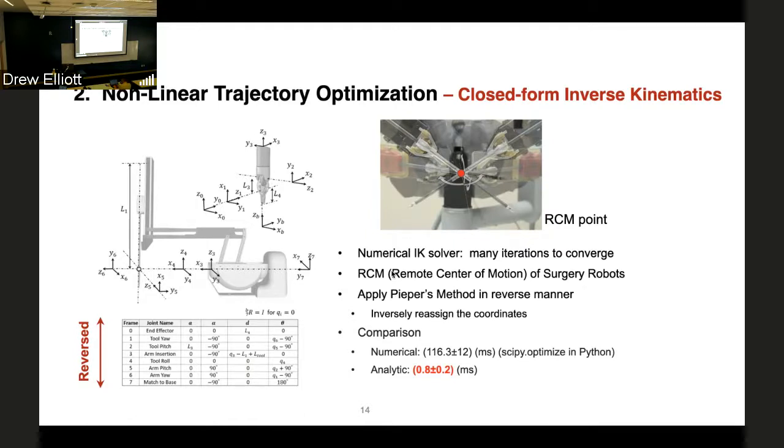One of the things that we were surprised by was that it was possible to reformulate this using Piper's method and actually come up with an analytic solution for the inverse kinematics. And it's significantly faster than the numerical solver, as you can see in the last two lines, at least one or two orders of magnitude faster.